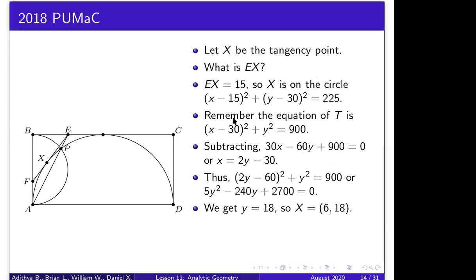Yep, it's 0, 10. So if we find the slope intercept form of this line, it's 4/3 x plus 10. And so F is on the y-axis, so this is just the y-intercept. So F is 0, 10.